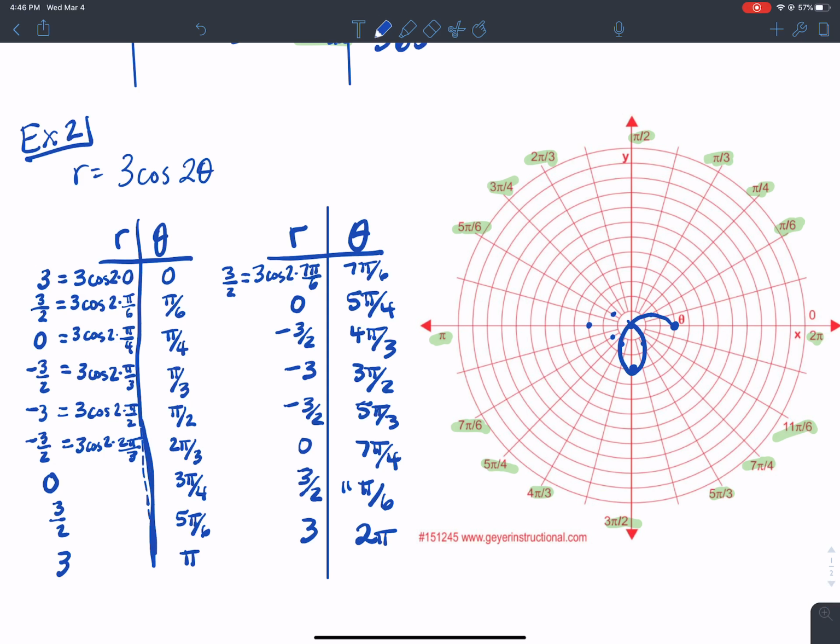So we are looping like this. All right, 4 pi over 3 is another negative radius. So we're doing the extension. So back here, we are going to graph negative 1.5. So it's back here.